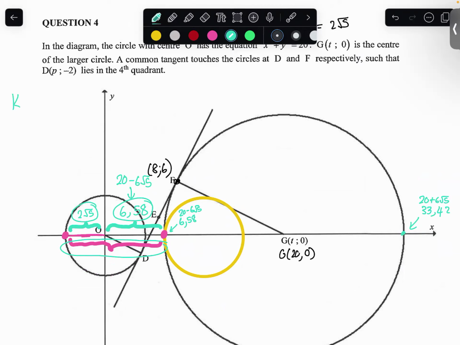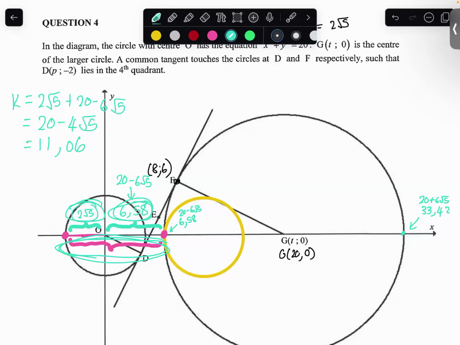So k is equal to 2 root 5 plus 20 minus 6 root 5. That gives me 20 minus 4 root 5, and if we SD that, it gives me approximately, rounding off to 2 decimal places, 11,06. Okay, that's the first scenario.